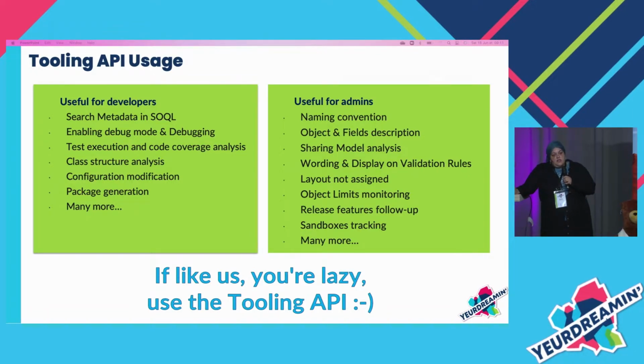On the admin side, you will be more looking for the health check of your org. Be sure that the best practices are followed the right way. For example, be sure there is a description everywhere, and that you don't have any field that is not used anymore in your org. This is typically the kind of thing that you can achieve with the Tooling API.